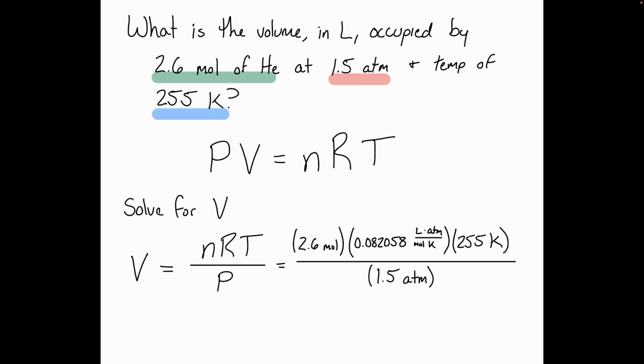All right, so I'm just plugging in my missing variables here. n is my number of moles. R is that value from the constants page that I always have. T is my temperature in Kelvin, divided by that pressure.